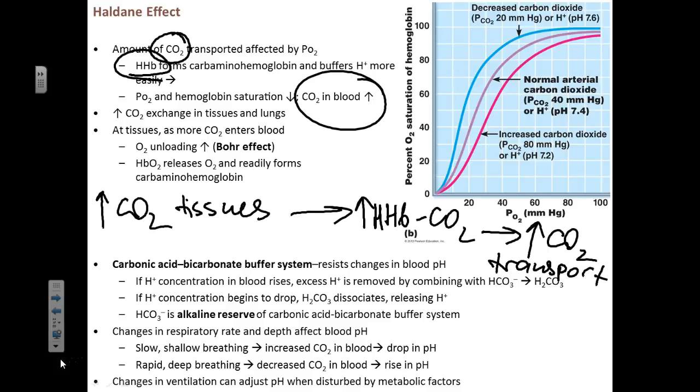You have to think about it. You have to think about these processes pretty much happening all together. When tissues are metabolically active, CO2 goes up. That increases unloading of oxygen, increases the amount of available hemoglobin, which binds protons.